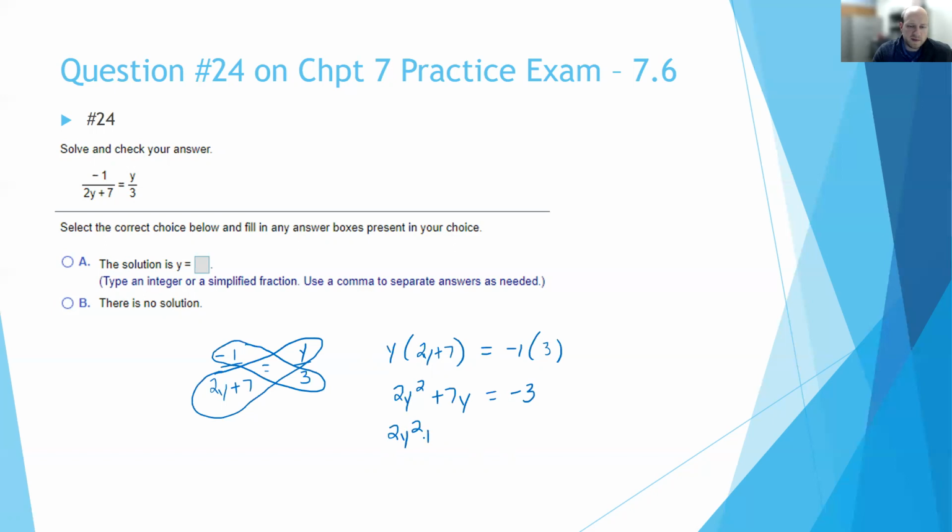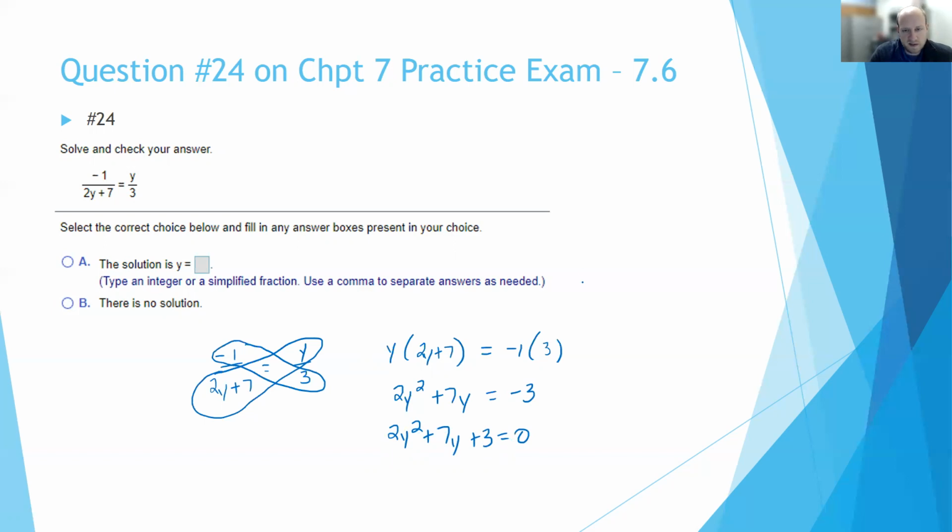Now I'm going to move that -3 over by adding it, and this is equal to 0. Now I can check, is this factorable? If it's not factorable, we would have to go back to either the quadratic formula like we did in the previous chapter, or complete the square.